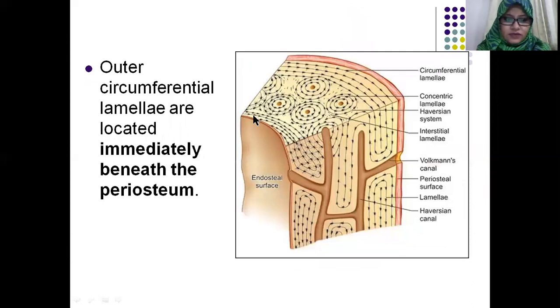Outer circumferential lamellae are located immediately beneath the periosteum. This is periosteum, and just beneath the periosteum these are the outer circumferential lamellae, and this is the endosteal surface or marrow cavity that is covered by endosteum, and these are inner circumferential lamellae.